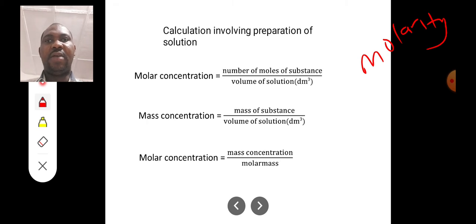What this is saying is that if I know molar concentration, I can find mass concentration, and if I know mass concentration, I can also find molar concentration.